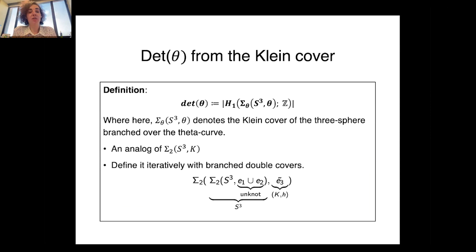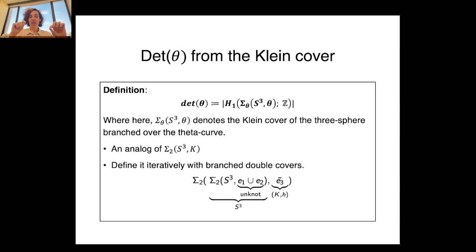So this is an analog of the branch double cover of S3 branched over a knot, and you can actually do it iteratively with branch double covers. So if you have your theta curve, you can choose one of the constituent knots and then take the branch double cover of S3 branched over that knot. When you lift up to the branch double cover, the remaining edge, there'll be 2 copies of it in the branch double cover, and they'll be identified at the vertices.